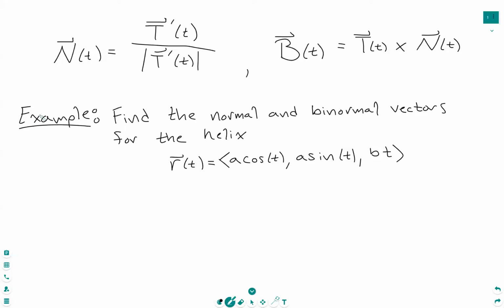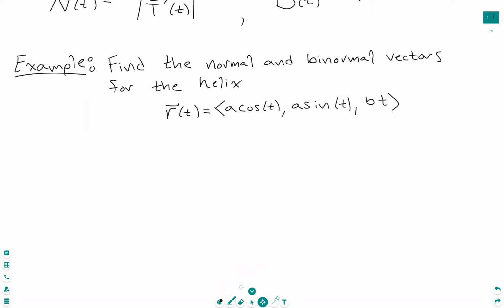Okay, so in order to find the normal vector, we're going to need to find the unit tangent vector. We have a question: what's the equation to find the unit tangent vector? Well, we're going to do it right now. So the unit tangent vector, if we remember, is r prime of t over the magnitude of r prime of t.